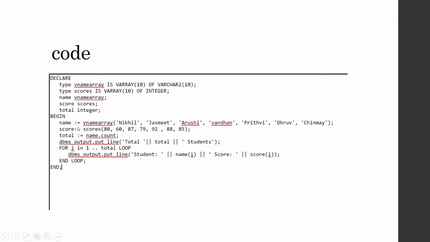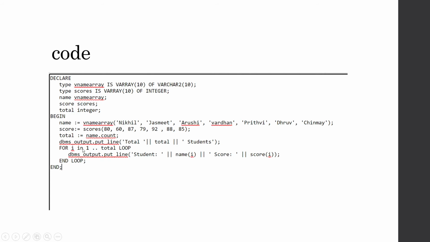In the begin block, what I have done is in name I have given all the names of my friends including me. Scores are basically randomly given by me. Total will take the total number of names present in this name variable, so that will be 7. To print this array, we have to use a loop.